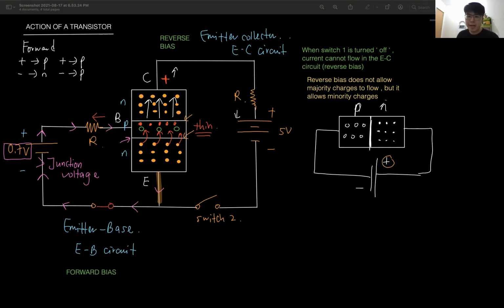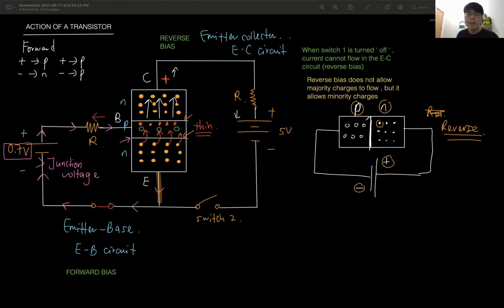Positive to N, negative to P, that is reverse, right? So reverse means that this electron, they cannot jump. What is the majority charge on the right hand side here? Electrons are the majority charge. On the left hand side, the holes are the majority charge. So if you connect in reverse bias, this majority charge, they cannot jump.